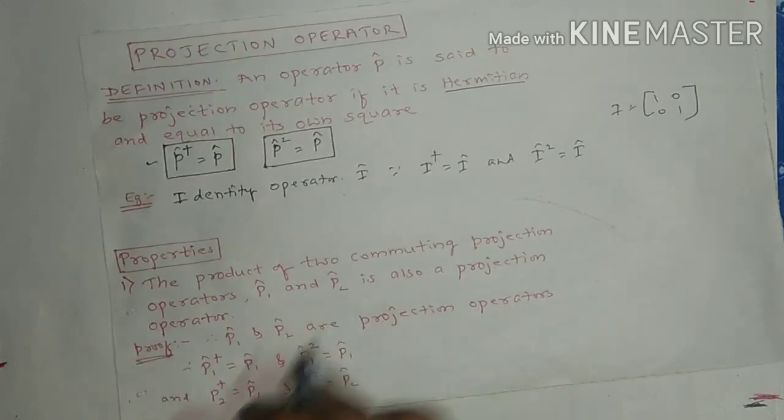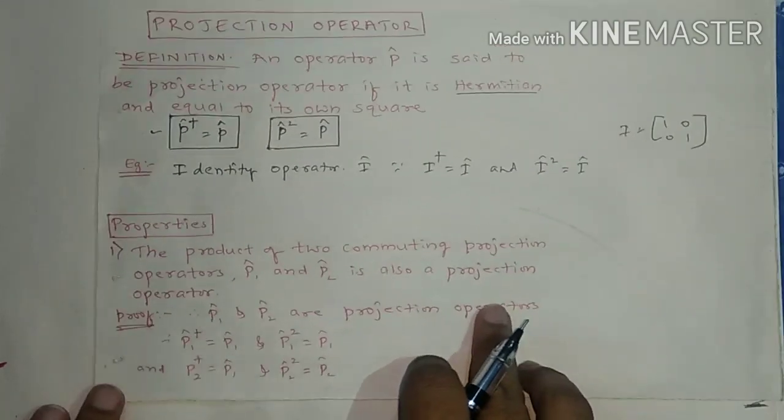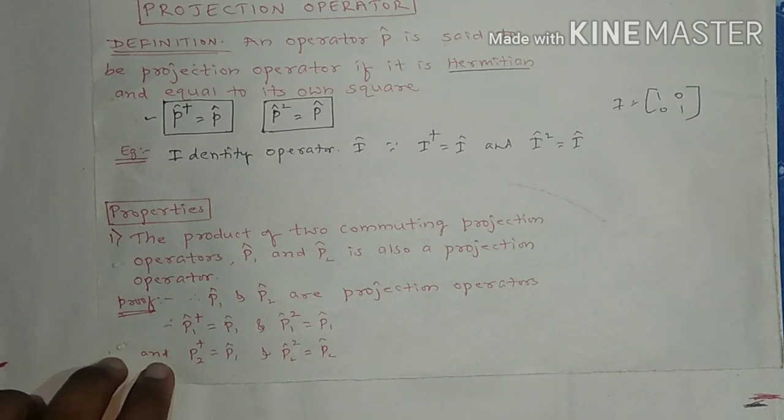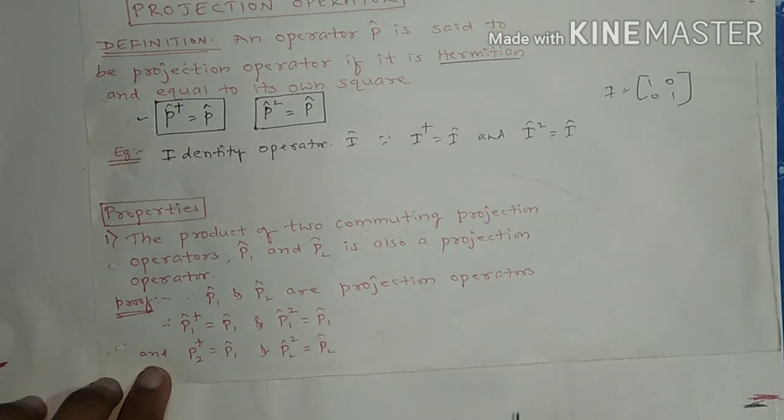Let us see four properties of projection operators. Out of those four, we will just prove the first property. The first property is that the product of two commuting projection operators P1 and P2 is also a projection operator.